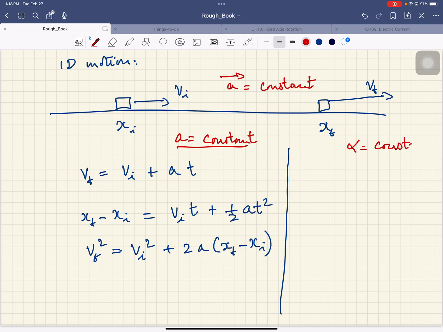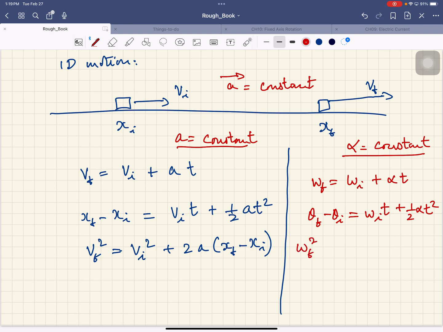When angular acceleration is constant, we'll use the same formulas. Omega final equals omega initial plus alpha times t. Theta final minus theta initial equals omega initial t plus 1/2 alpha t squared.